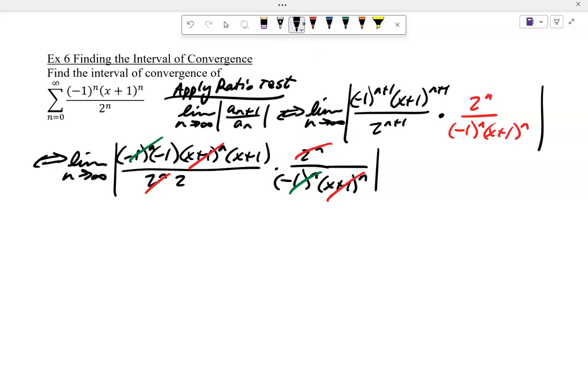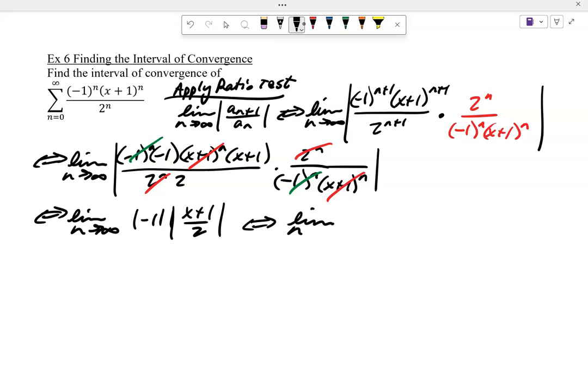So it looks like we've got absolute value of -1, and I've got an absolute value of x plus 1 all over 2. Go ahead and take that absolute value of -1. Alright, so we've got absolute value of x plus 1 all over 2.